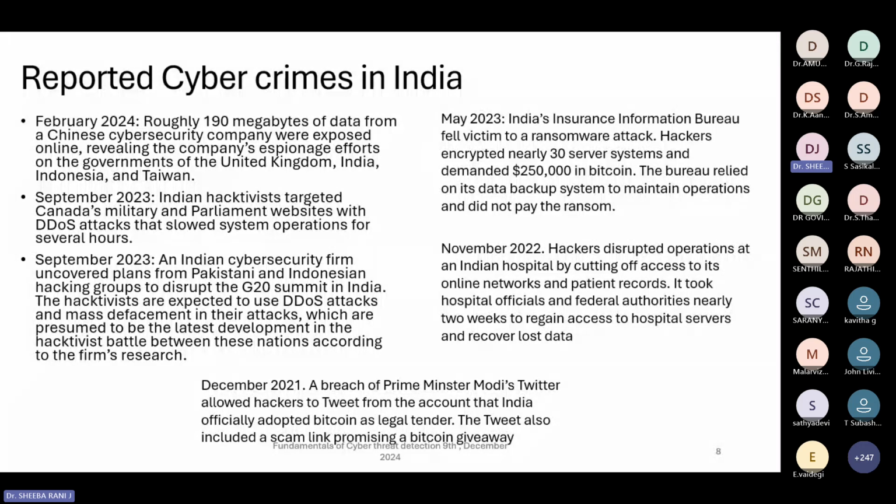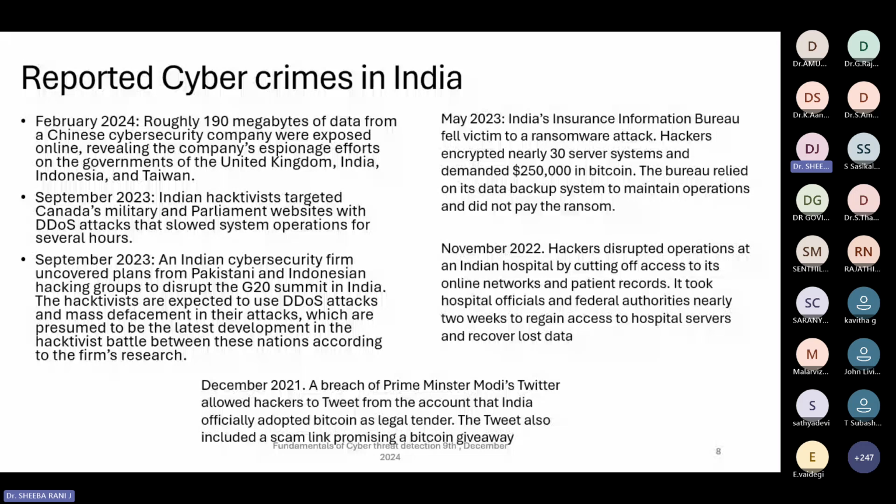Okay. Then in actual network layers, distributed denial of service attacks are also happening. So we will be sending some data and accessing something, but because of the attacks, we couldn't access it. This is important: in September 2023, an Indian cybersecurity firm uncovered plans from Pakistani and Indonesian hacking groups to disrupt the G20 summit in India.